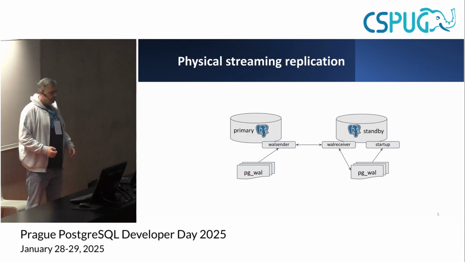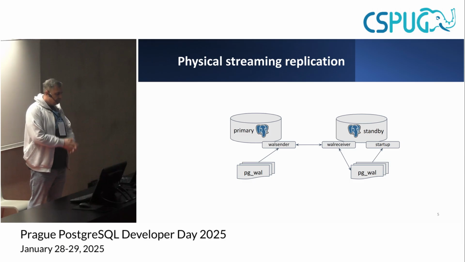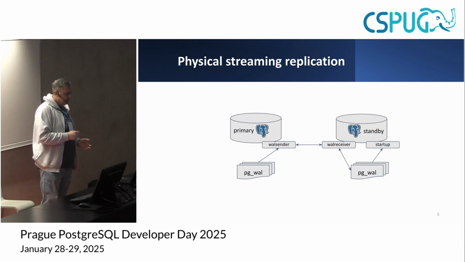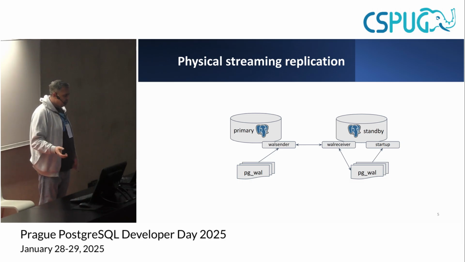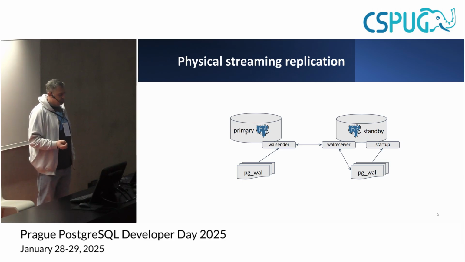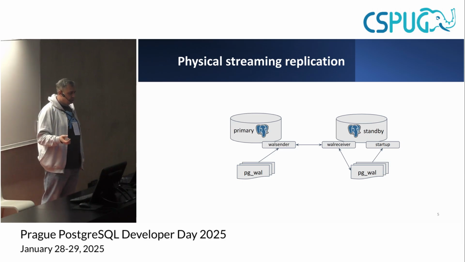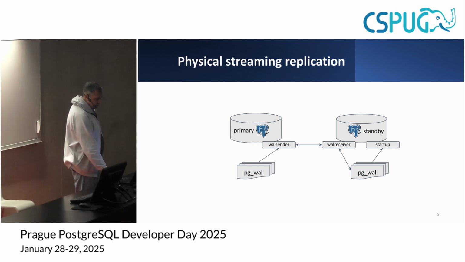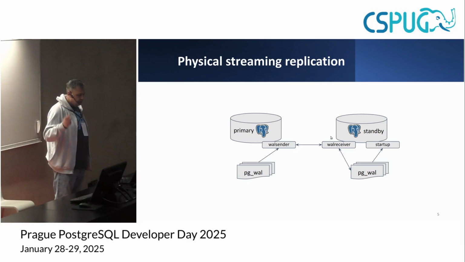So how does it work if we look at Postgres as processes on the server? We get a primary server on which we have Postgres and a bunch of auxiliary processes, including a process called WAL sender. On the standby node, we also have a bunch of auxiliary processes, and one of them is WAL receiver, and another one is the startup process.